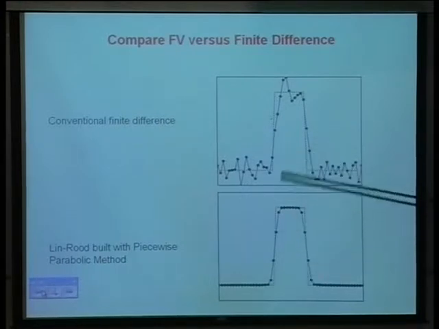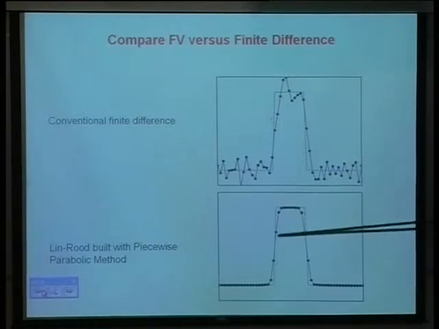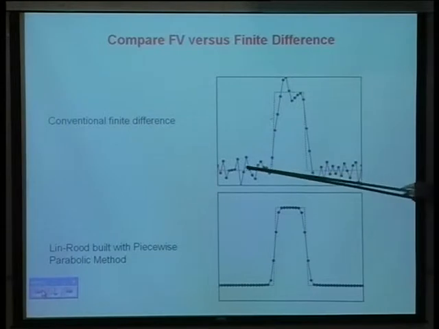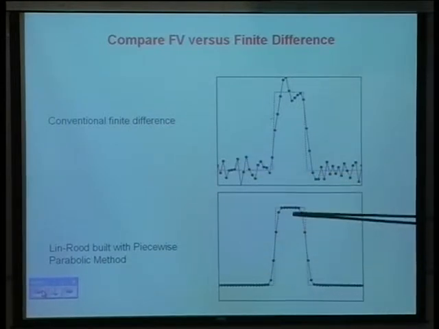And then here's Lin Rude with a piecewise parabolic, and you see that it is diffusive, right? I mean, it doesn't represent the whole area, but it also doesn't have these weird features that are bouncing up and down, and it will maintain this shape for a long time. As time goes on, we'll just produce more weird bumps in the finite difference case here.